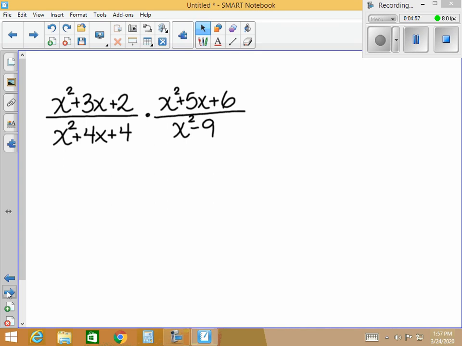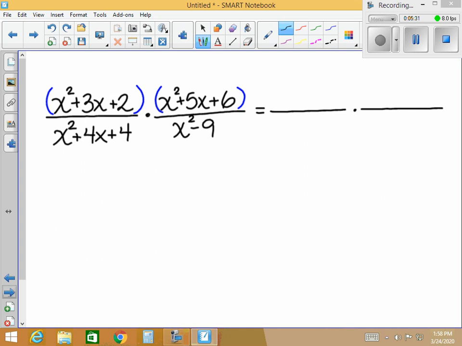Again, what I am not going to do, no matter what, absolutely not, is take x squared plus 3x plus 2 and multiply it by x squared plus 5x plus 6 to get x to the fourth plus some really big mess behind it, and then do the same thing to the bottom. It would be correct algebraically, but to get it in lowest terms would be next to impossible, because it would not look like the things we've been factoring to break down.